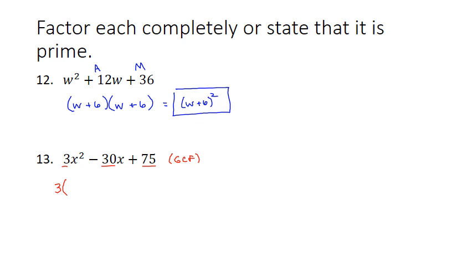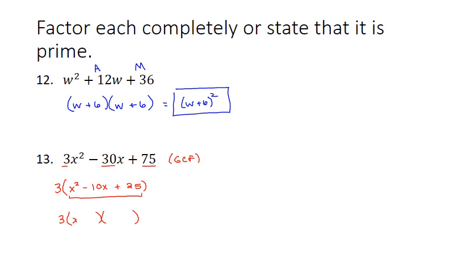If I take a 3 out of all three of those terms, it leaves an x squared, then a minus 10x, and 3 goes into 75, oh, let's see, 25 times. Now, this part becomes a lot easier to factor. So if I leave the 3 out front, I can now factor this the same way I've done most of the problems today.